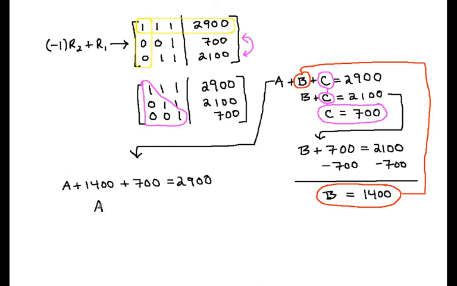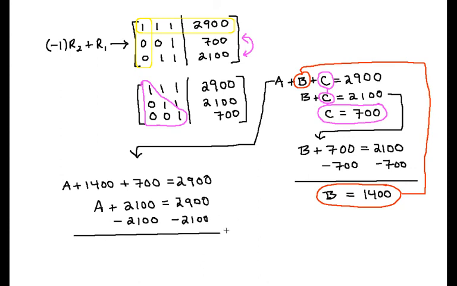Combining terms gets me A plus 2,100 equals 2,900. And subtracting 2,100 from both sides gets me to A equals 800.